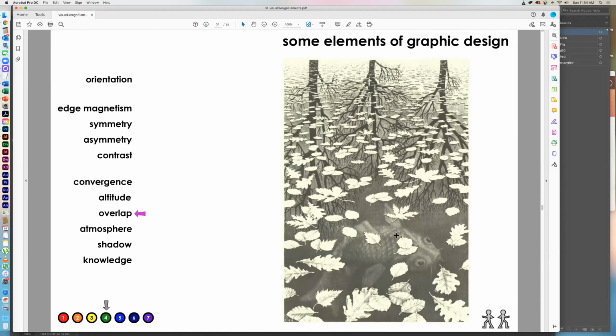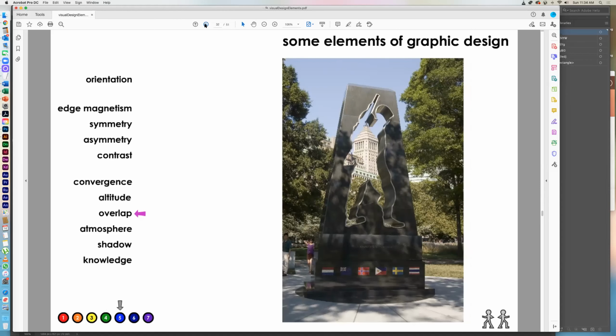This is Escher again. You have the leaves overlap the water and the reflection of some trees that we don't see. And then the fish is under the leaves, and it just makes an interesting kind of bizarre image. This is something designed to overlap. This is in New York.